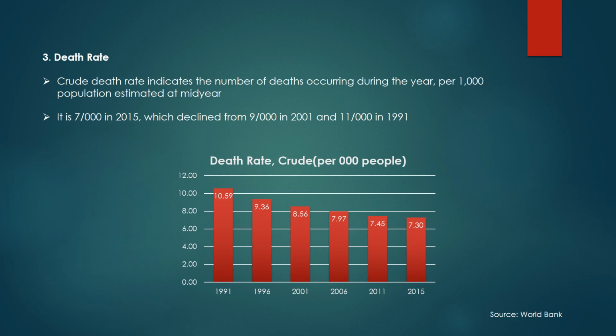Next is death rate. Crude death rate indicates the number of deaths occurring during the year per thousand population estimated at the mid-year. As per World Bank statistics, the crude death rate in India has declined to 7 per thousand in 2015 from 9 per thousand in 2001 and 11 per thousand in 1991. The low death rate could be attributed to the improvement in health services and health infrastructure.